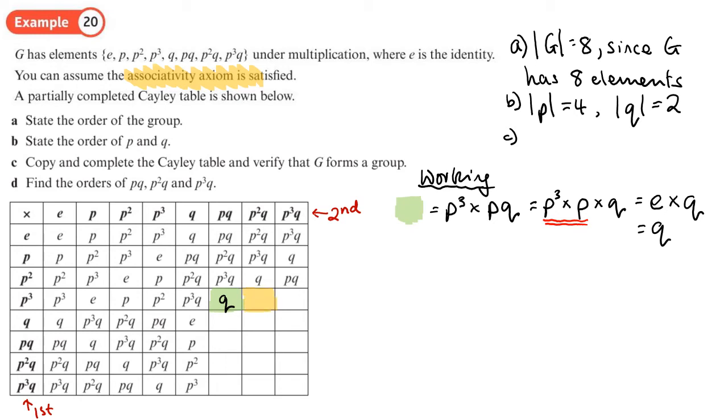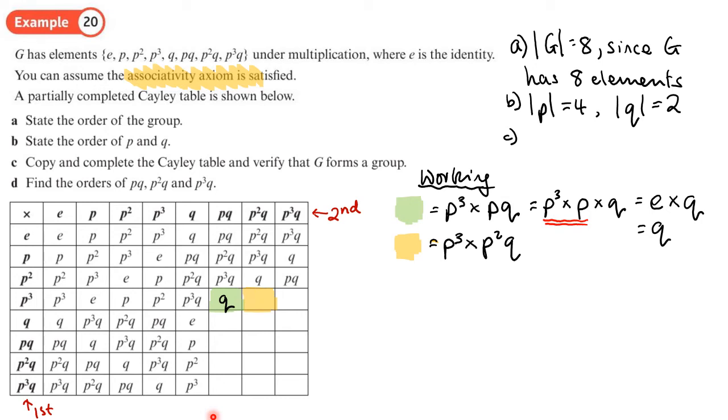Okay, let's have a look at this one here. So in that box, what we've got is P cubed times P squared Q. Now, the solution to this isn't in the table, P cubed times P squared Q, so we're going to have to use the table to help us work it out.